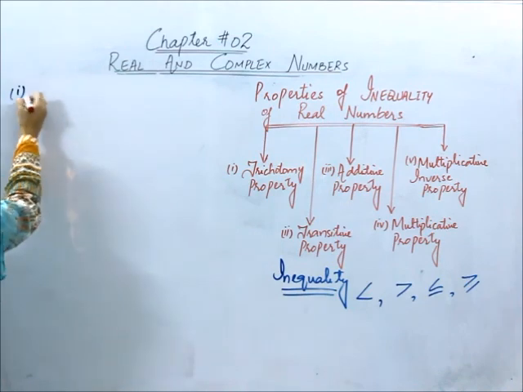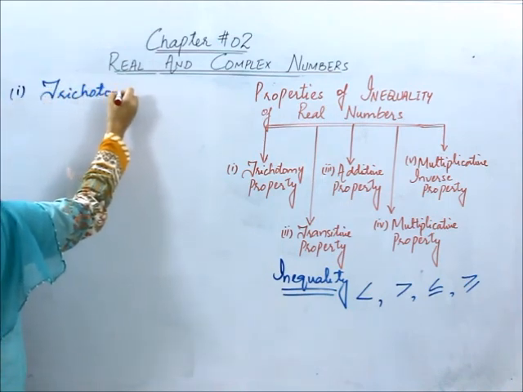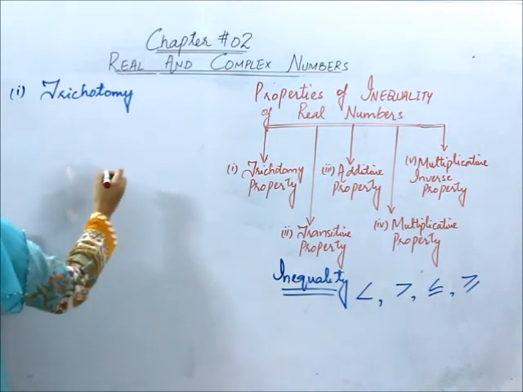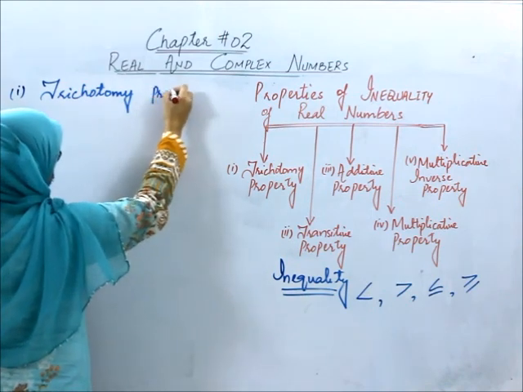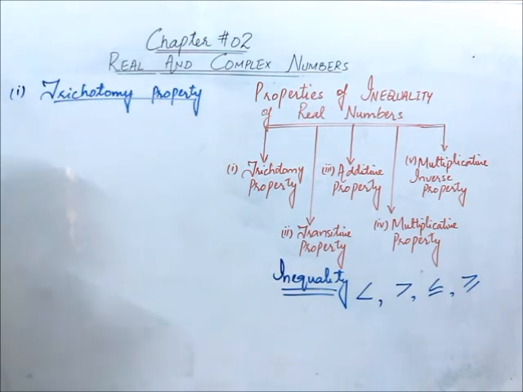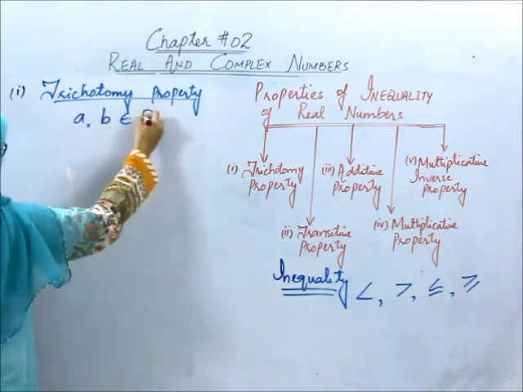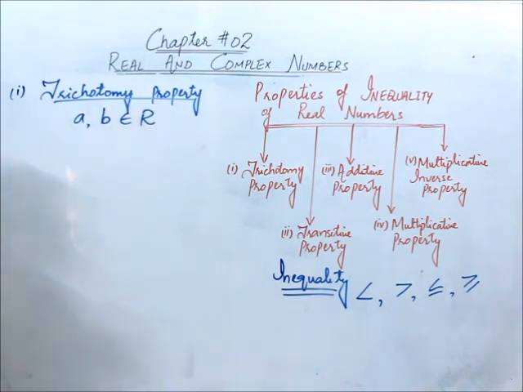First property is the trichotomy property. What does the trichotomy property say? Trichotomy property says if we have any two real numbers a and b, then there could be only one relation among these two numbers.